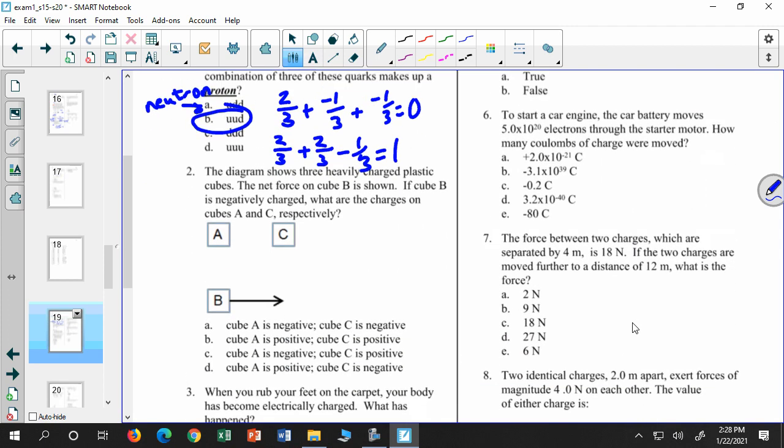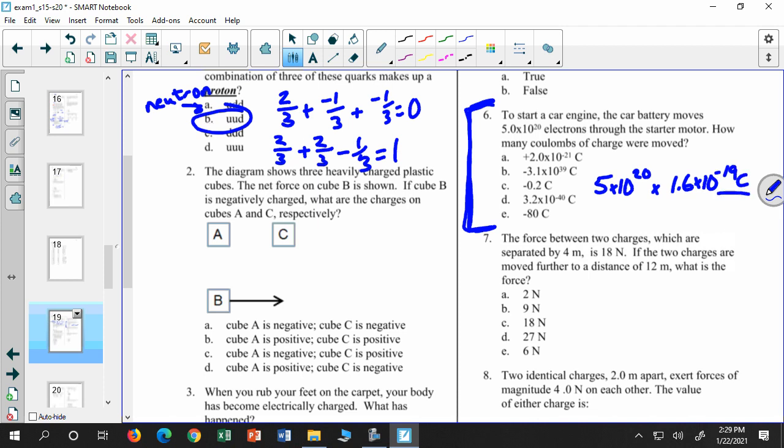With that idea here on number 6, we haven't seen one like this, but you should be able to do it by now. If I start a car engine, the car moves 5 times 10 to the 20th electrons. How many coulombs of charge are moved in doing this? Well, I know an electron has 1.6 times 10 to the minus 19. So I say 5 times 10 to the 20th times 1.6 times 10 to the minus 19.